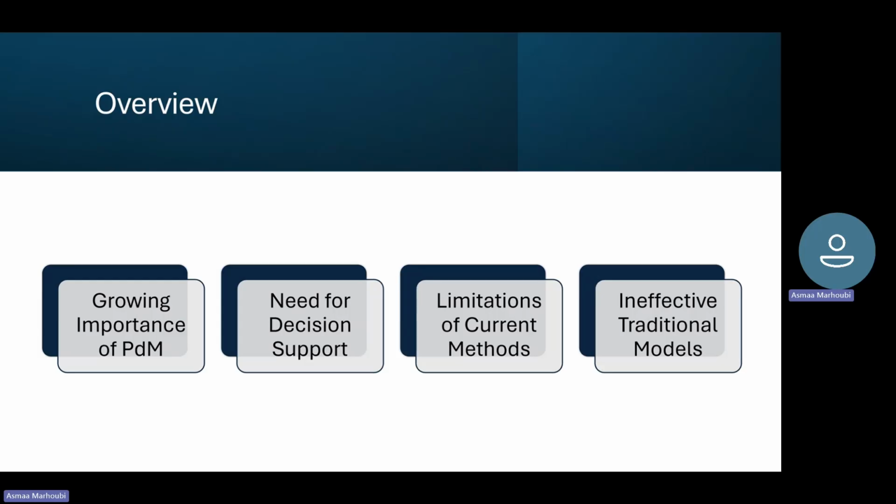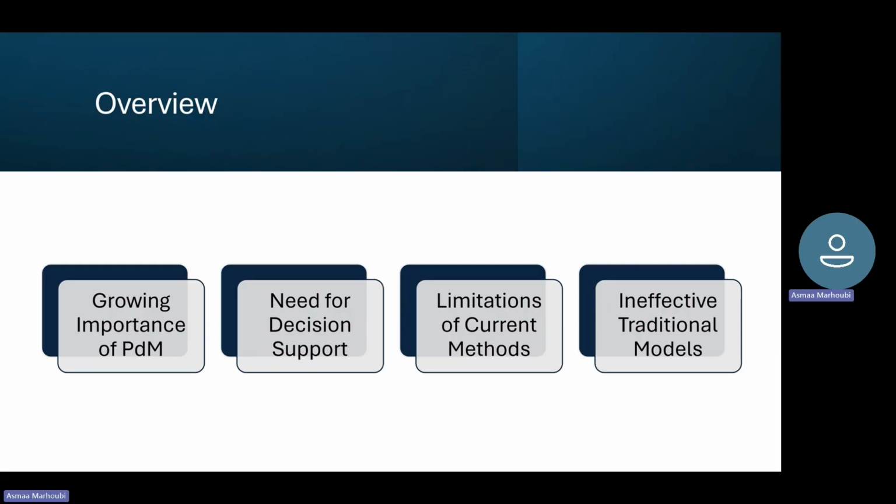Many existing predictive maintenance approaches suffer from computational inefficiencies or poor generalization, especially for multi-class fault diagnosis. There's also a fourth challenge: the ineffectiveness of traditional models. Some of these models, for instance logistic regression, struggle with nonlinear sensor data.